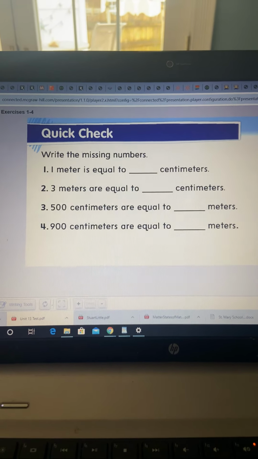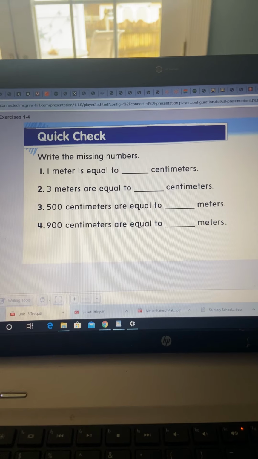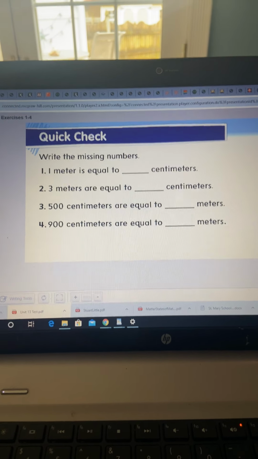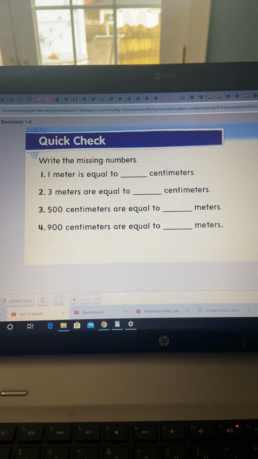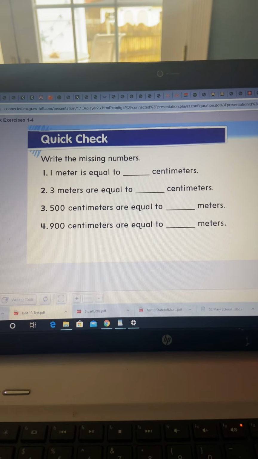Well, we just gave that answer, which would be 100. 3 meters are equal to how many centimeters? Well, if 1 meter is 100 centimeters, 3 meters would be, give you a minute to think, 300 centimeters. That's correct. It's all about the place value.